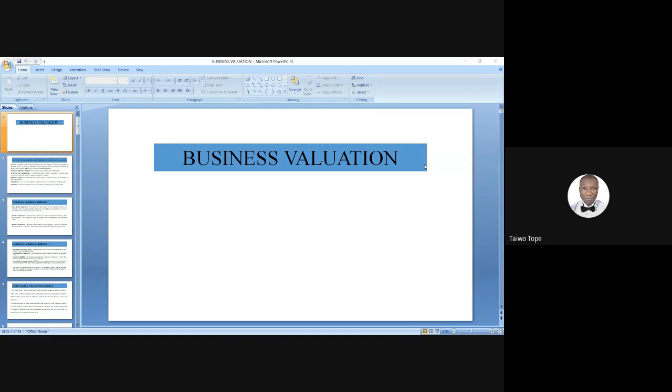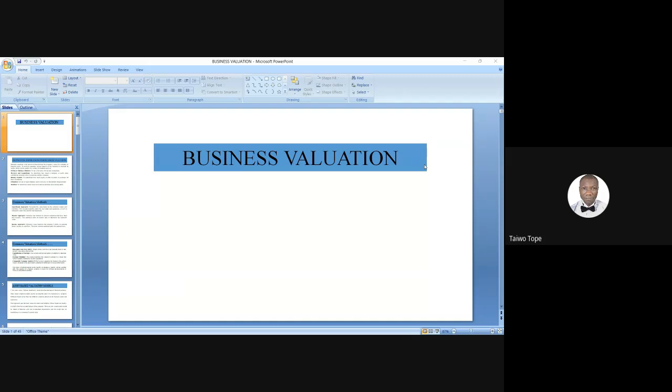So business valuation is one of those areas of finance which attracts deep interest from the general public, as well as finance specialists and managers. So it's very important that we expand the activities of organizations by evaluating their assets and their liabilities.